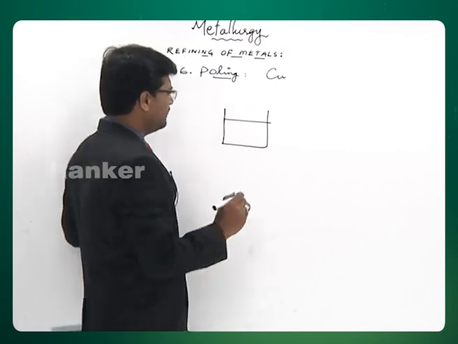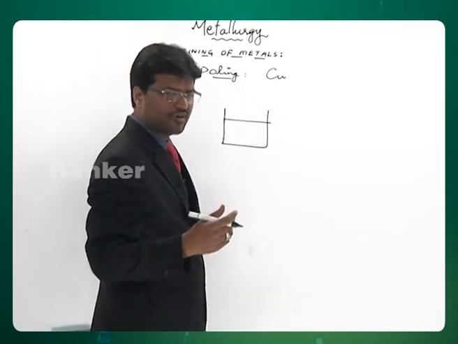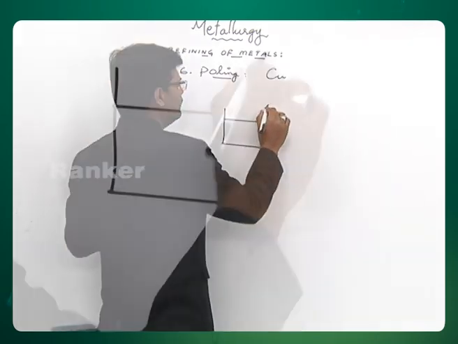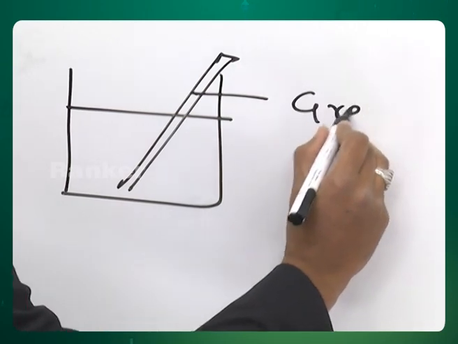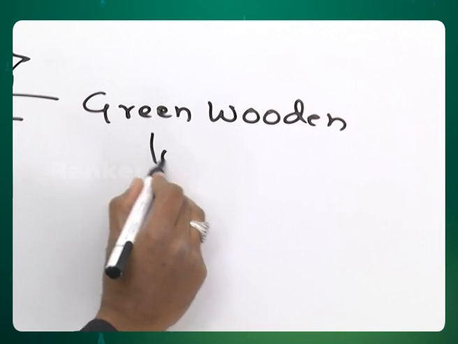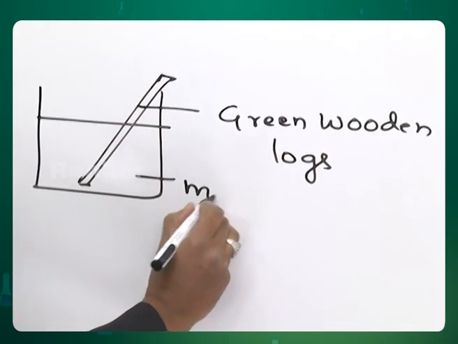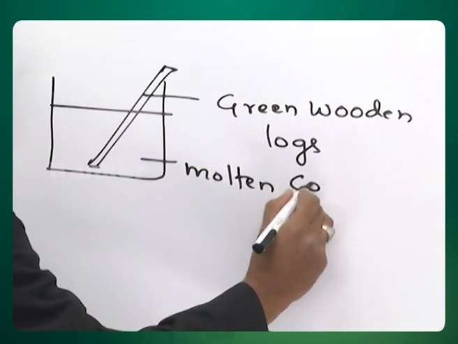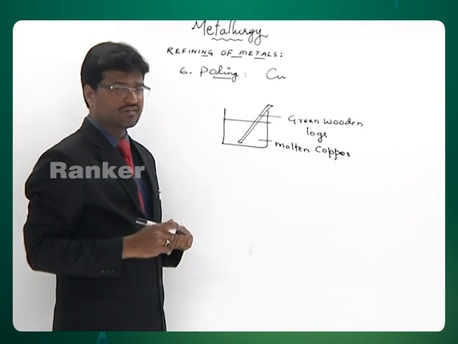This is molten metal, say copper only, because poling is applied for copper only. It's an old technique. We use green wooden logs, and the molten copper is thoroughly stirred using these green wooden logs.